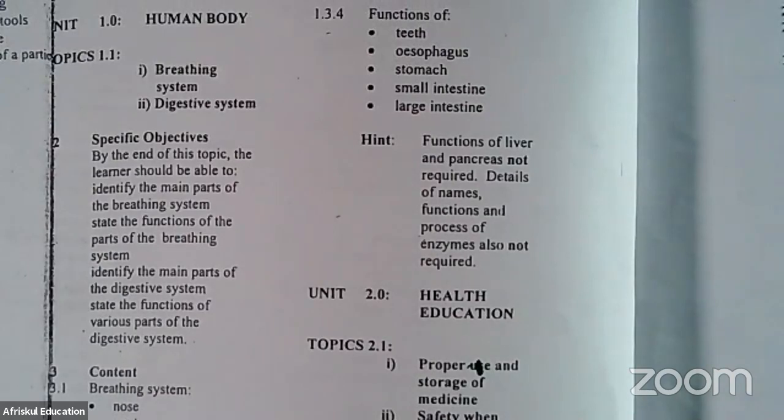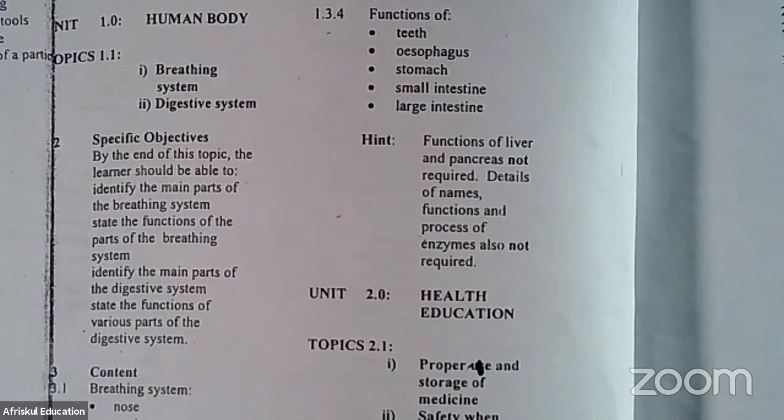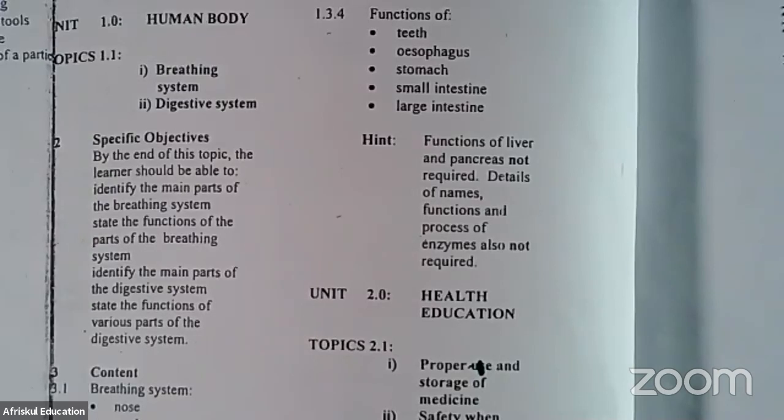We have two systems now: the breathing system and the digestive system. Now, of great importance, you should be able to identify the main parts of a breathing system, state the functions of the parts of a breathing system, identify the main parts of a digestive system, and state the functions of the various parts of a digestive system.